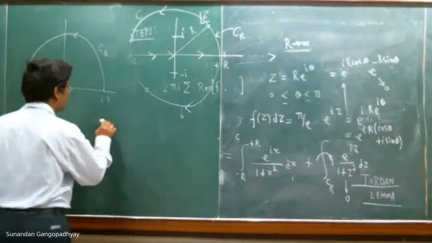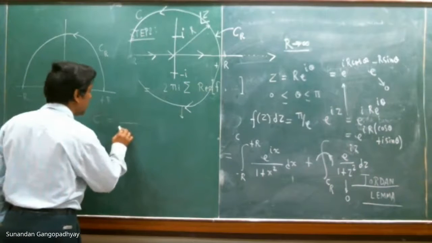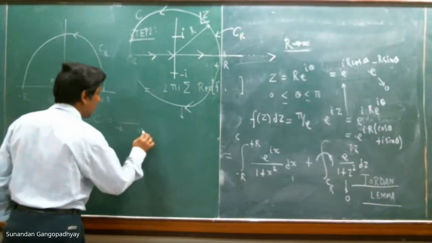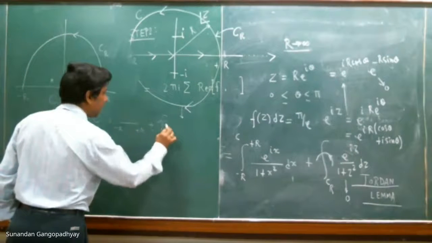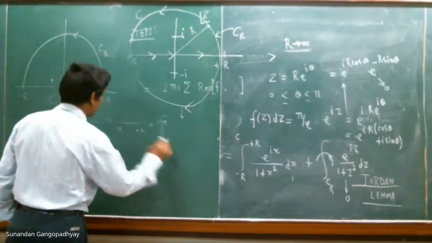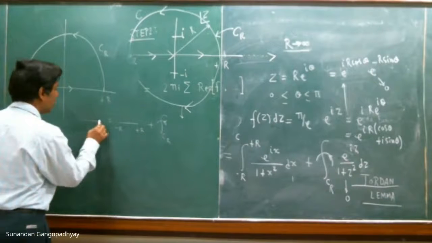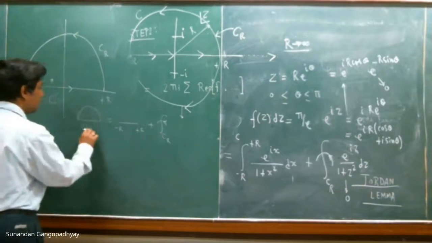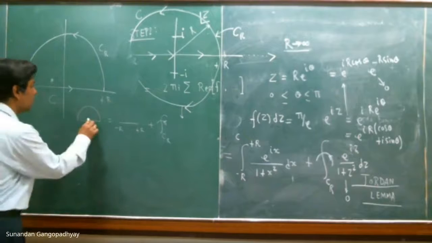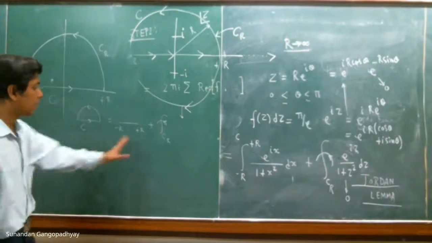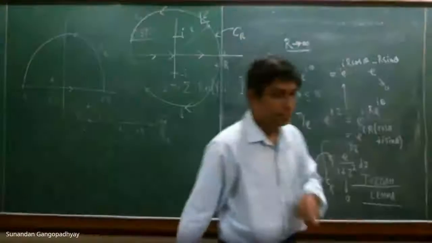So the contour C, you can write it down as minus r to plus r plus CR. So this is a pictorial way of denoting the contour. This is the full C that you have. So that is this. Okay.